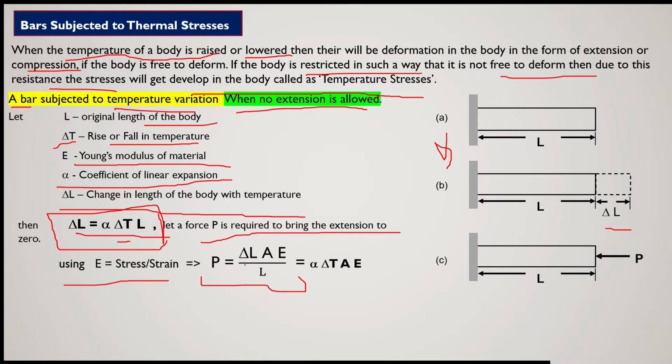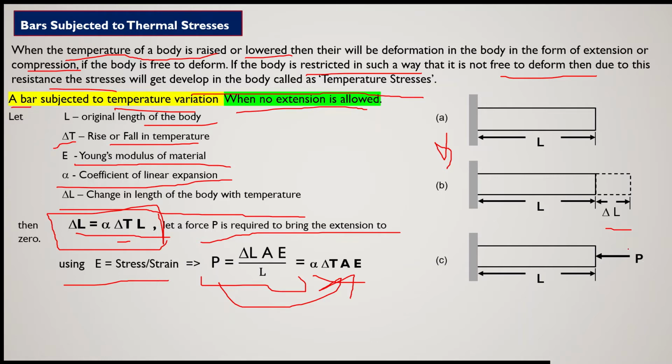So P will be delta L into A, where A is the area of cross section of the member, E is Young's modulus, and L is the original length. Now delta L is equal to alpha delta T into L. When we put this here, we get the formula that the load required is equal to alpha delta T into A into E. So this much force is required.